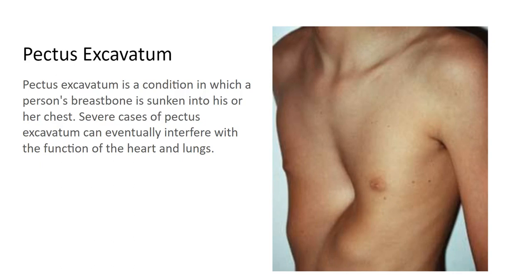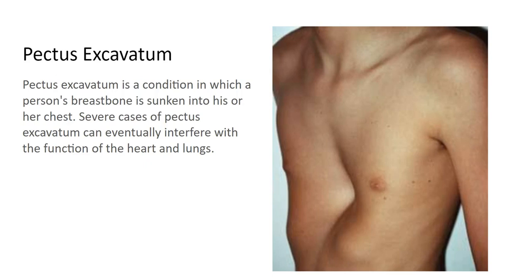This image actually depicts a 16-year-old boy that's got pectus excavatum. Now, this is just informational, you don't have to write this down. Pectus excavatum is the most common type of congenital chest wall abnormality, accounting for 90% of chest wall abnormalities.